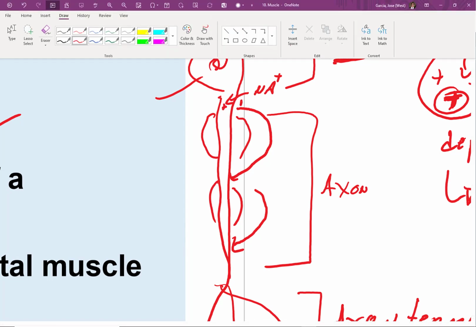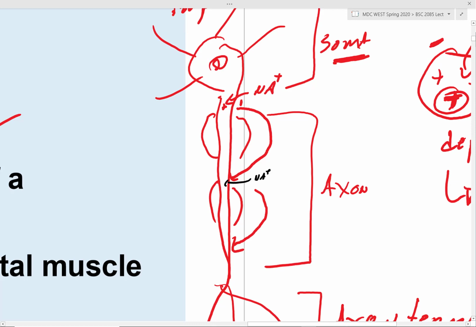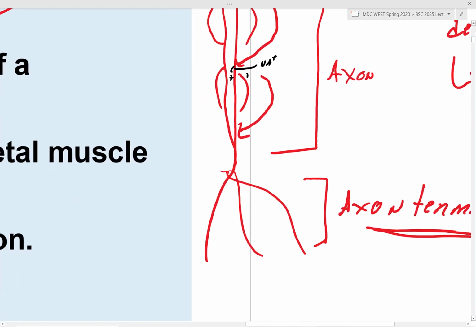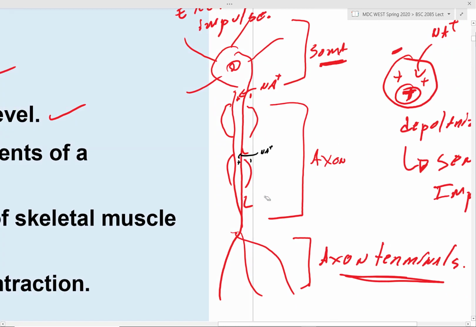Let me make that with a different color. Wait a second. So now at this level, what happens? Again, sodium comes in. The inside becomes more positive, the outside becomes more negative. And as you progress that impulse all it's doing is, again, jumping, right? It just happens here, here, and here, right?